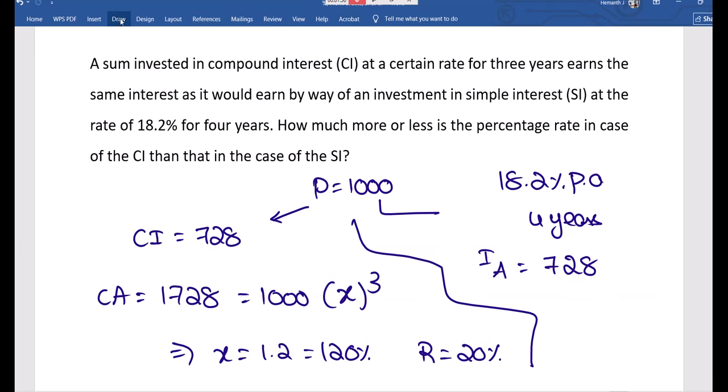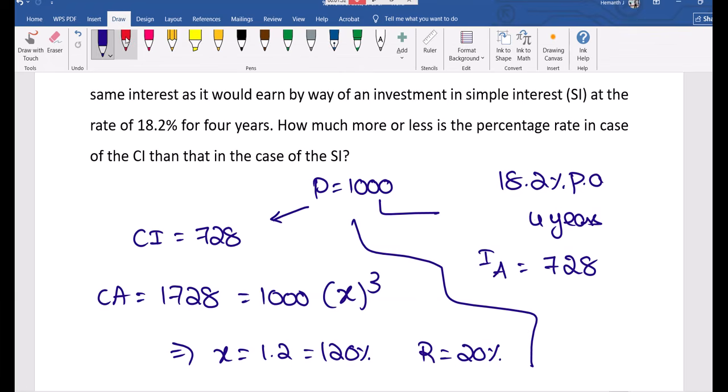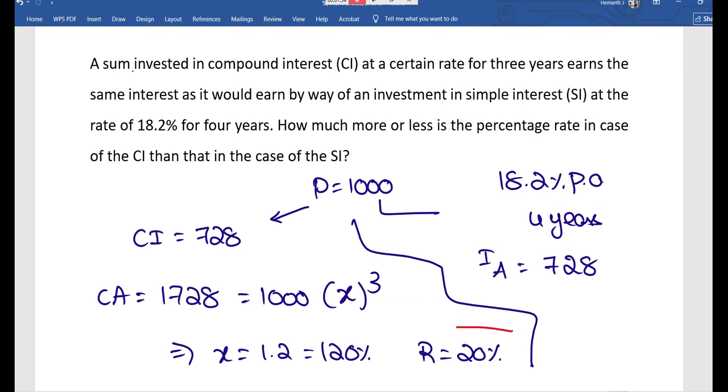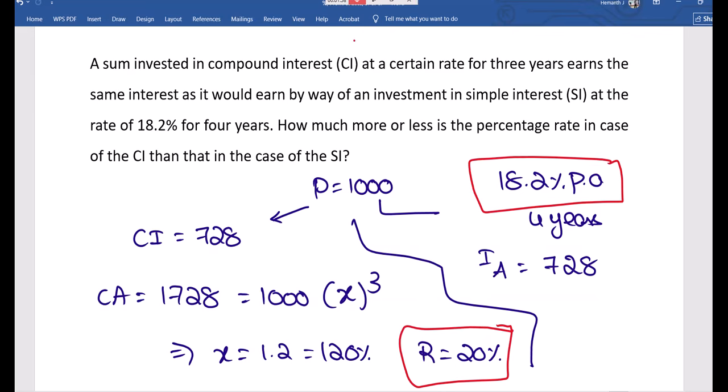Then we can say it's 1.8% more. Here the rate of interest is 20% compared to 18.2%, so we can say 1.8% more. They're asking whether it is more or less compared to the other rate of interest. It is more only, 1.8% more.